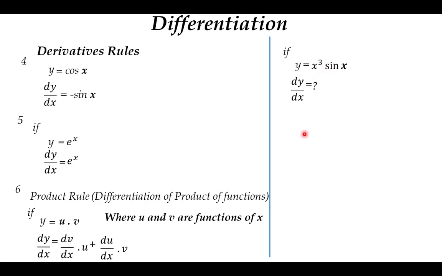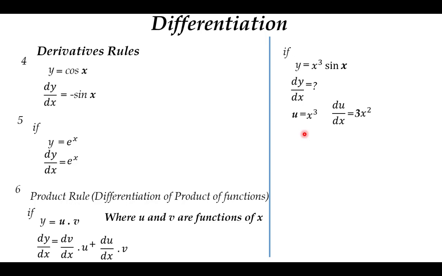So u will be equal to x to the power 3. The next important thing we need is du/dx. Based on our second rule of derivative, du/dx will be equal to 3x squared.